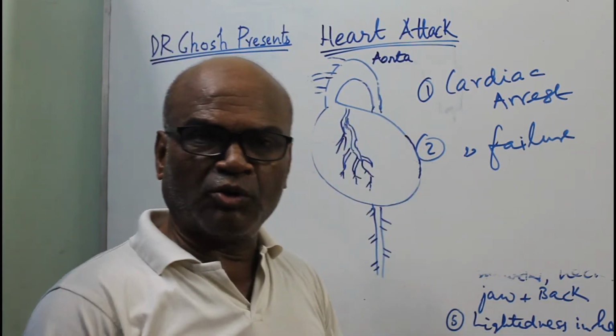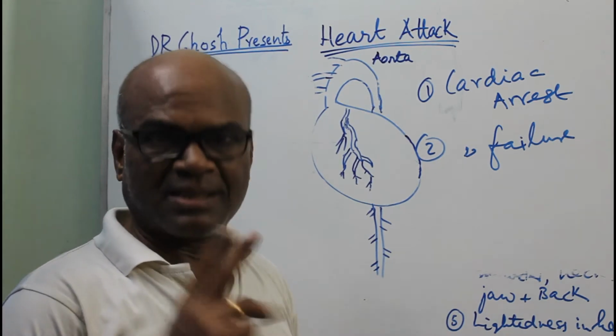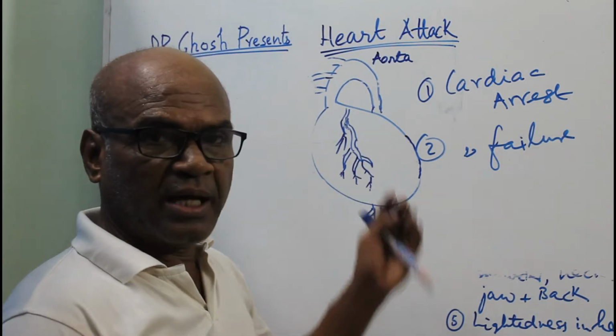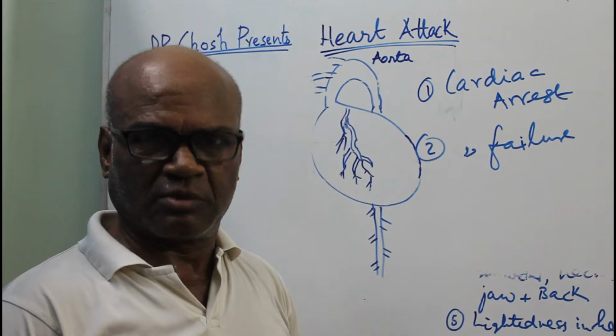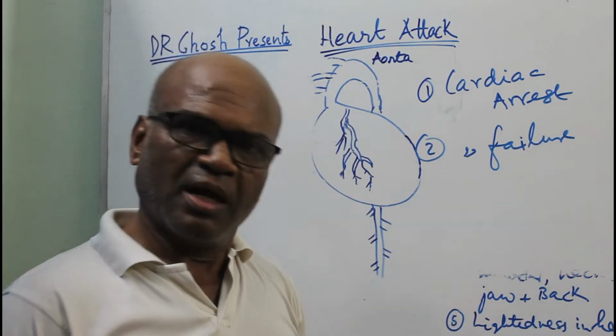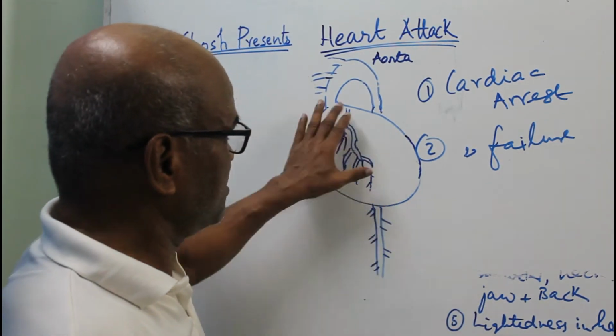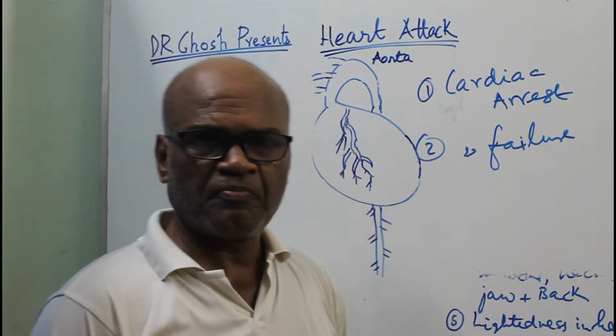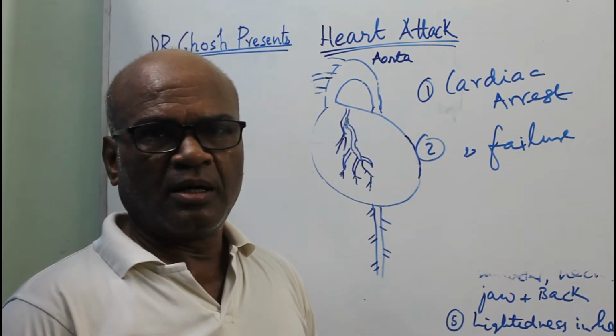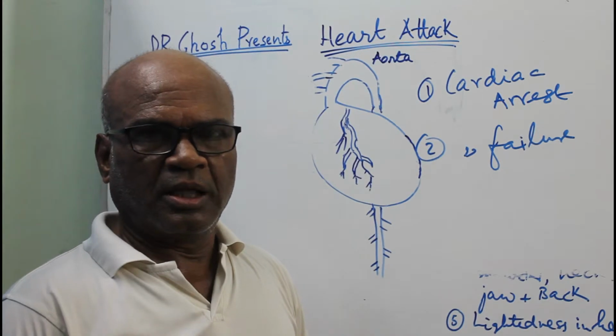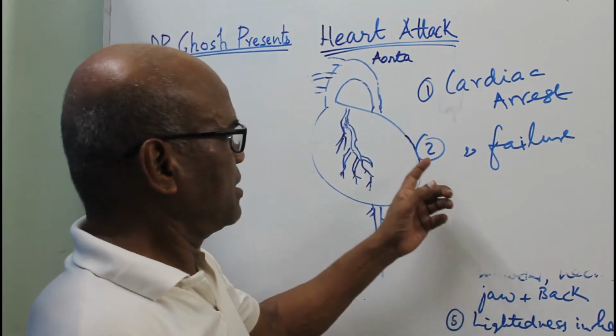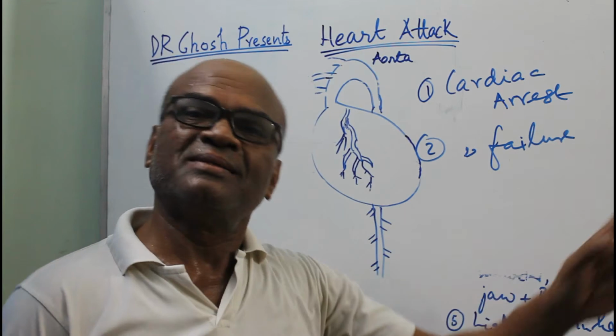In our body, there are only two places where electrical systems are there, in the heart and in the brain. No other systems. So this electrical system, conduction system, if it is disturbed, then cardiac arrest arises.